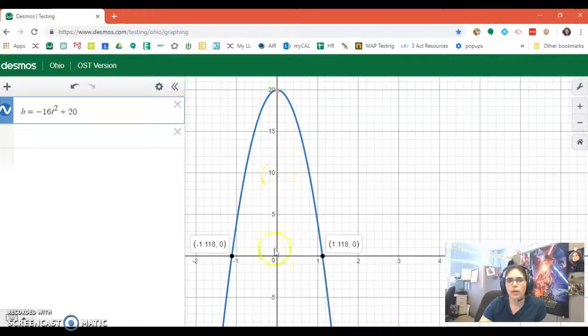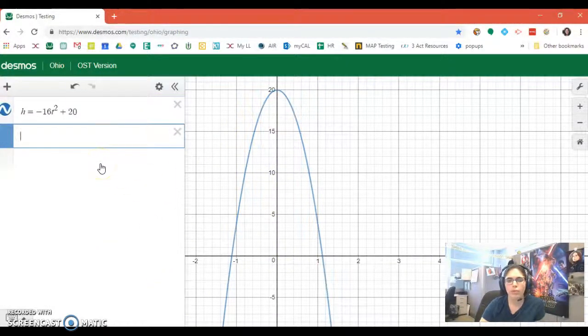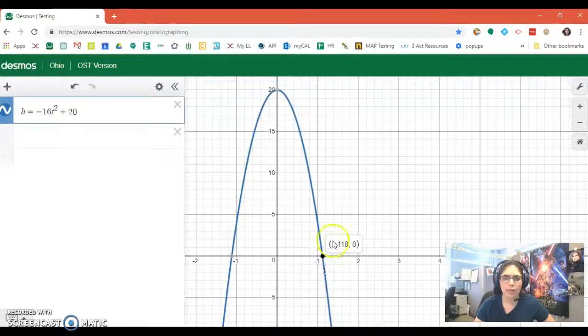So this is going to be an example of a problem with a different domain and range. Ooh, I've got 30 seconds. So the domain would have to be where time is greater than or equal to 0. That would limit that. And then the height obviously can't be less than 0. But that would be our time, 1.118 seconds for that problem.